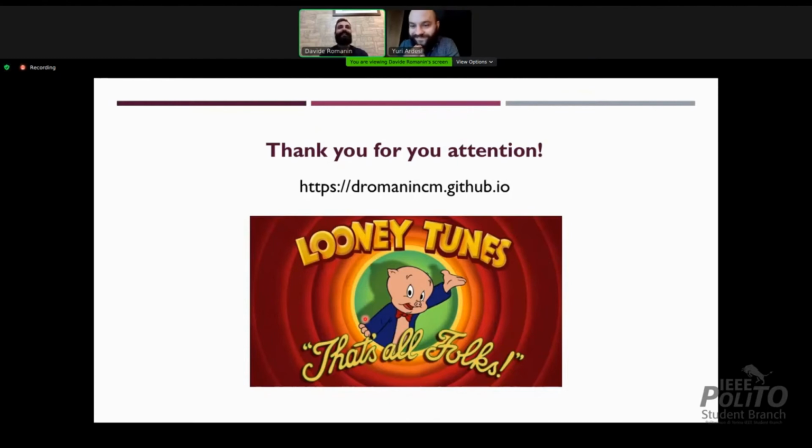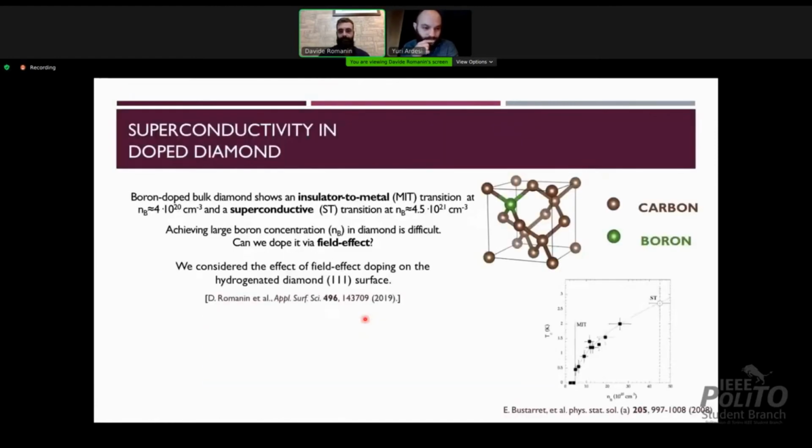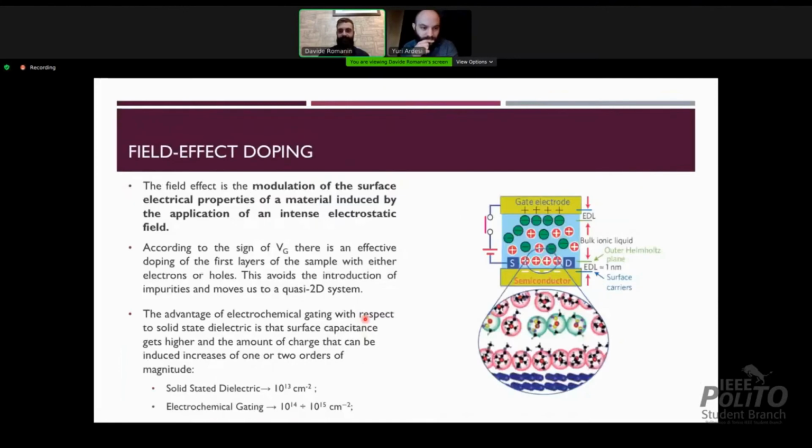But if I have to compare with experiments, Professor Gonnelli and Dr. Eri Piatti have tried to do measurements on diamond thin films. The problem lies, first of all, in the type of electrolyte that you use. So let me go a little bit back. Here. So it depends, first of all, on the type of electrolytes.